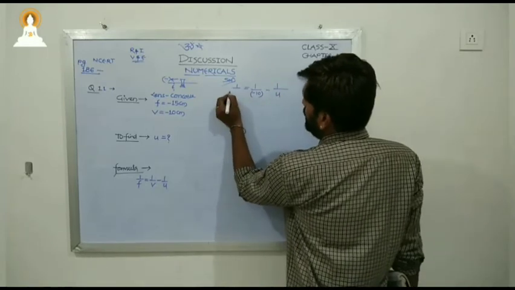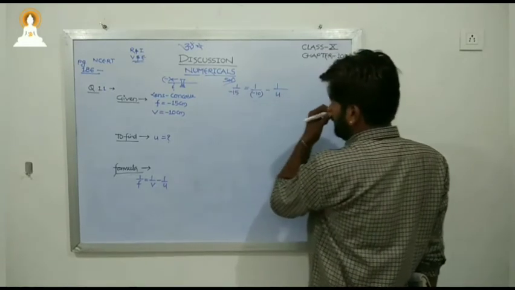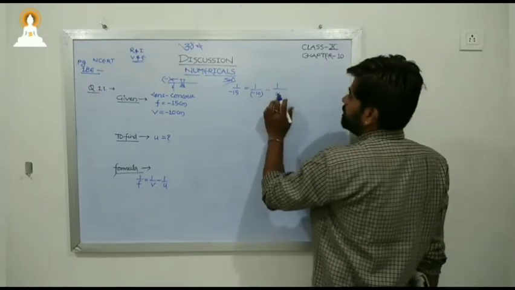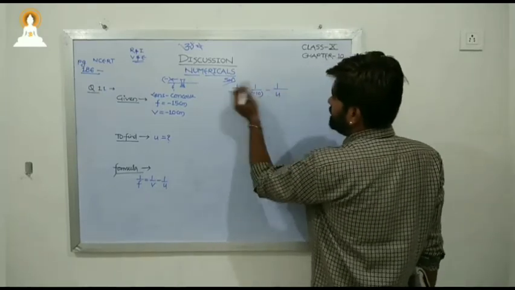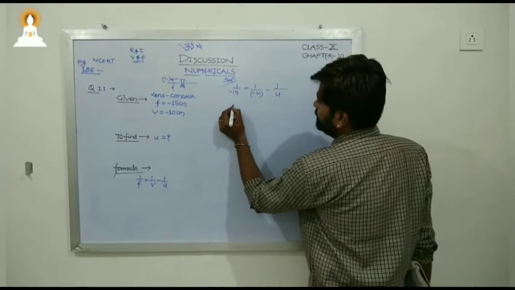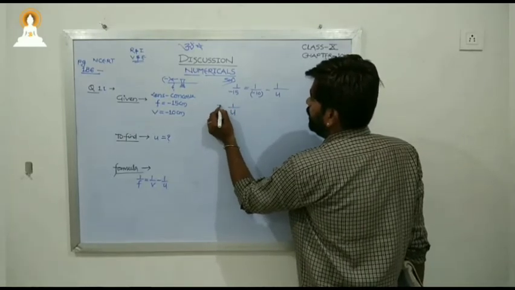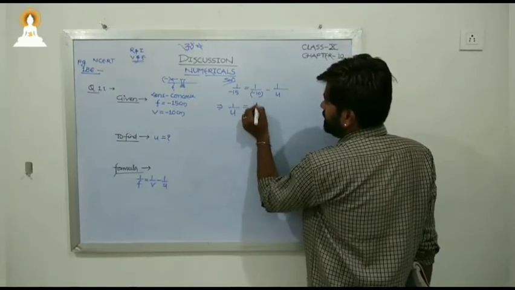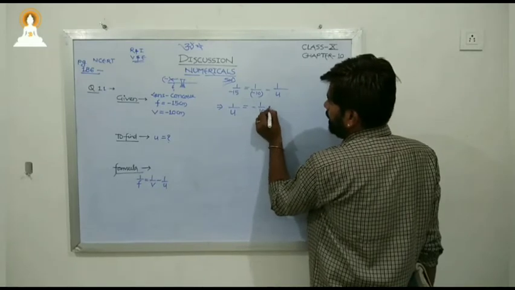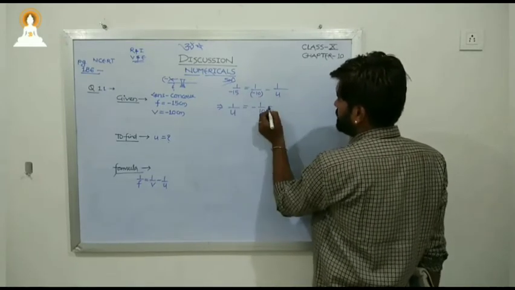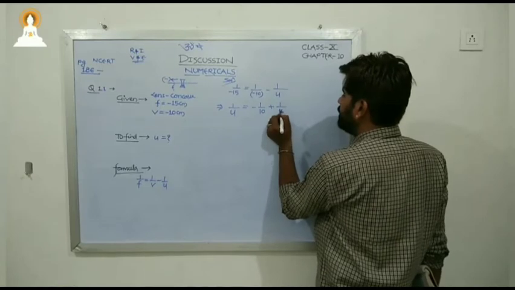Okay, no problem. I may take this 1 upon u to that side and 1 upon 15 to this side. So I will have 1 upon u is equals to what? Minus 1 upon 10 minus over this side plus 1 upon 15.